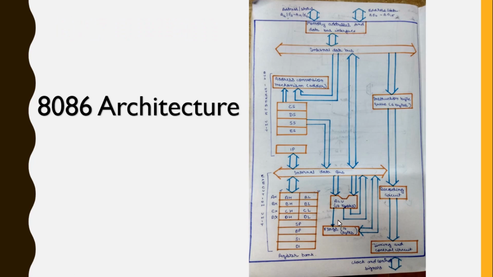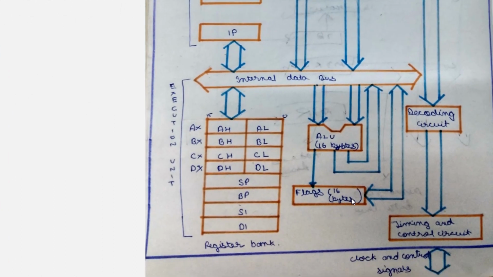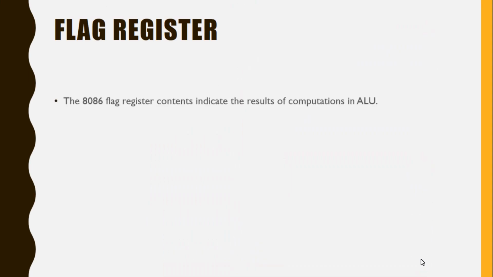The flag registers are placed under the ALU, as you can see here. They are also 16 bits. The 8086 flag register contents indicate the results of computation in the ALU. It also contains some flag bits to control the CPU operation.